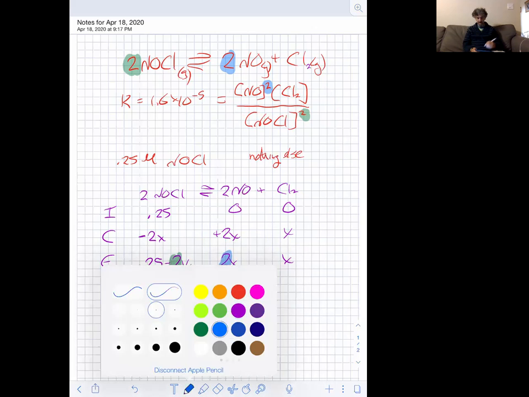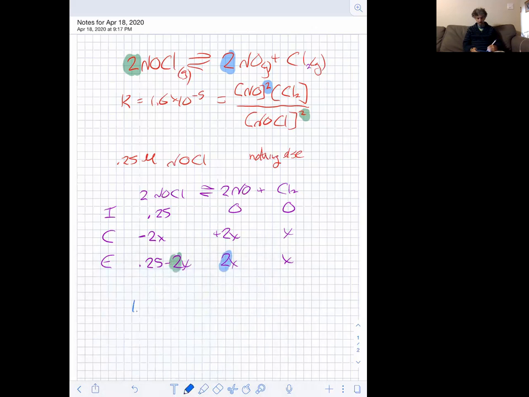And we get the following: 1.6 times 10 to the minus 5 equals, the NO is 2x, and that's got to be squared. The Cl2 is x, and that stays to the first. And in the denominator, we have 0.25 minus 2x.